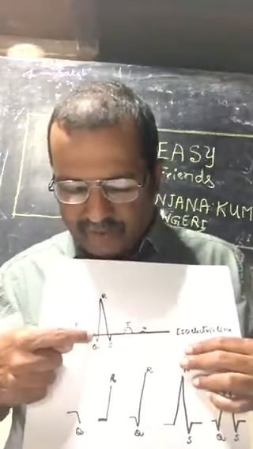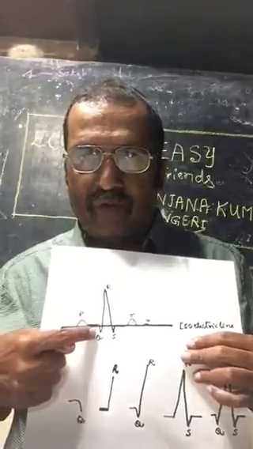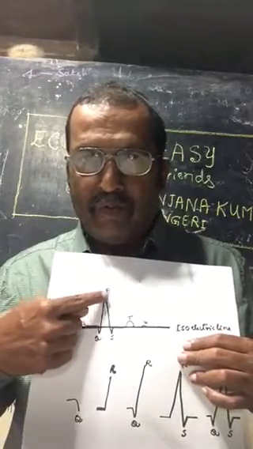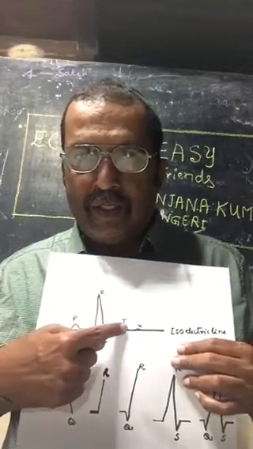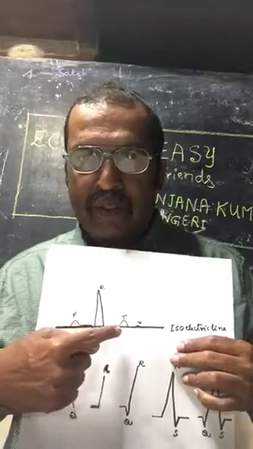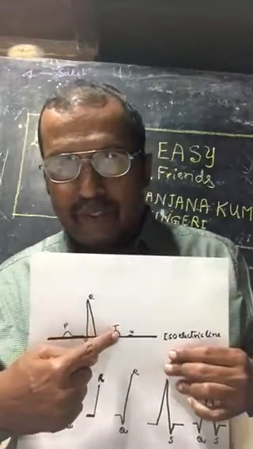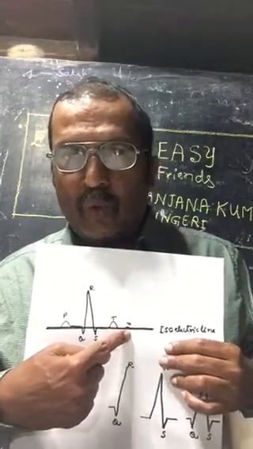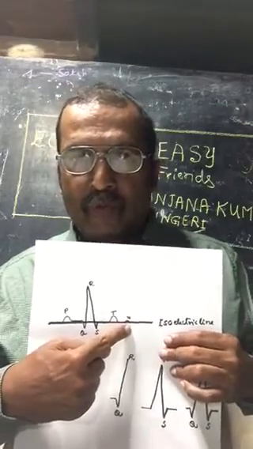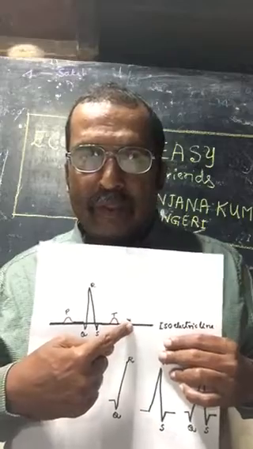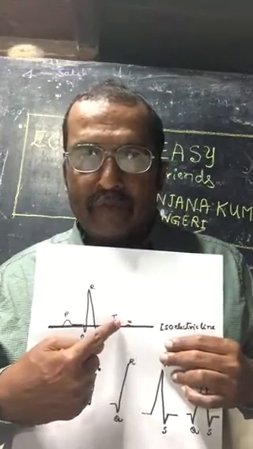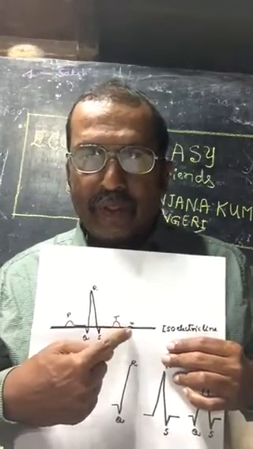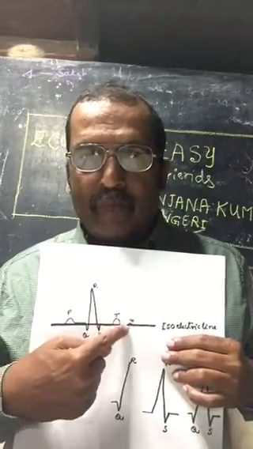Then comes the first downward deflection, Q wave, R wave, S, T. T is the resting state of the heart. And sometimes you see a U wave. U wave is not common. If it comes after the T wave, it is not abnormal.